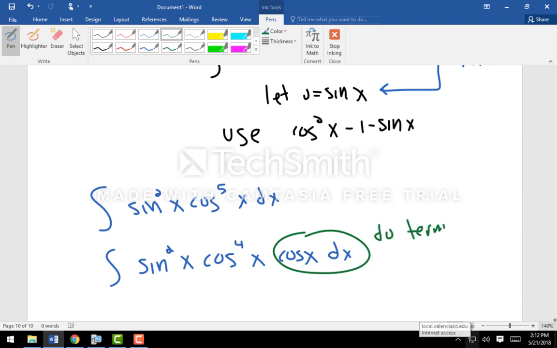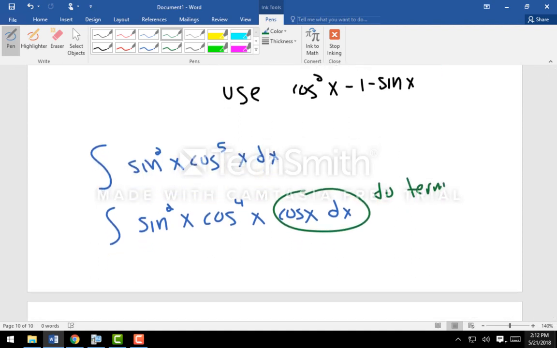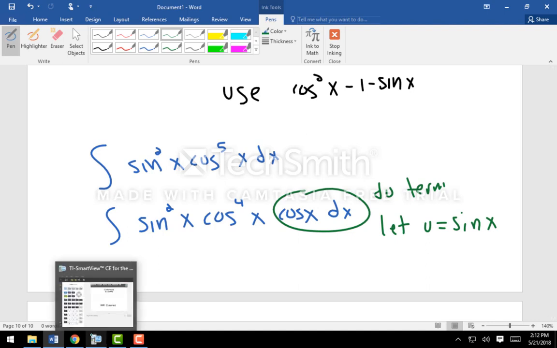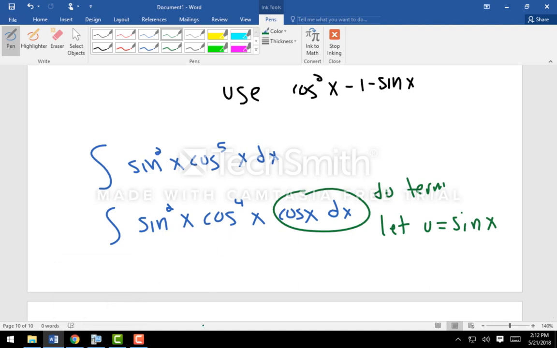So what we're going to do in that case is let u equal sine. If we come back to our integral, we can see we already have a sine here, so this is going to be u squared. But the cosine to the fourth is not in terms of sine. So we're going to use the Pythagorean identity to write that in terms of sine.